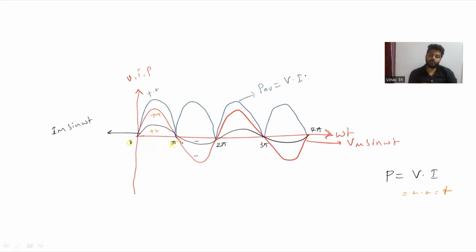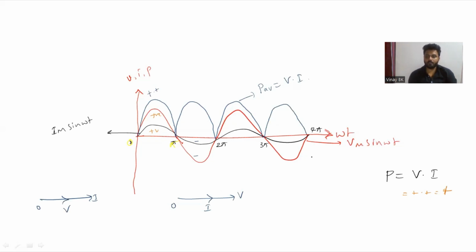So this is about AC through pure resistor. You have to remember that in case of AC through pure resistor, taking voltage as a reference, the current is in phase with the voltage. If you take current as a reference, the voltage is in phase with the current at an angle of 0 degrees.